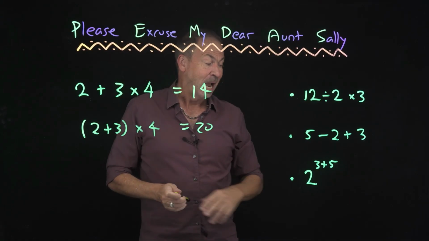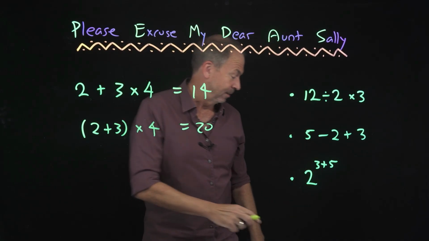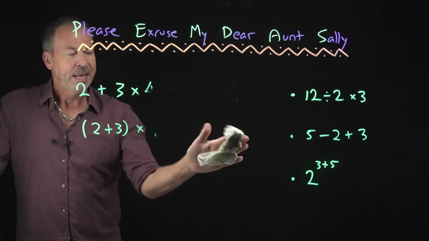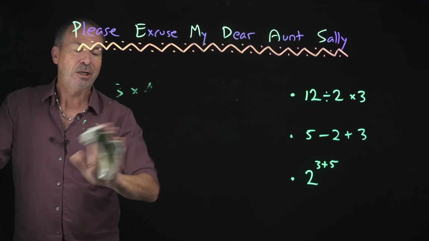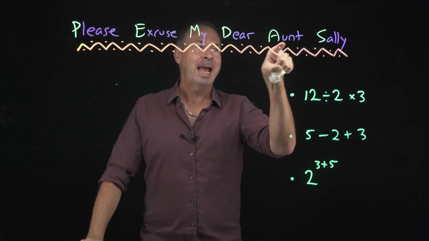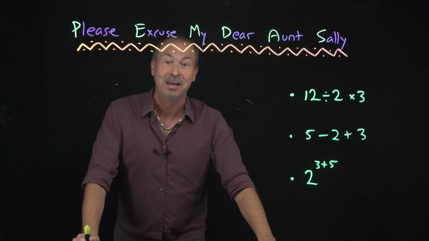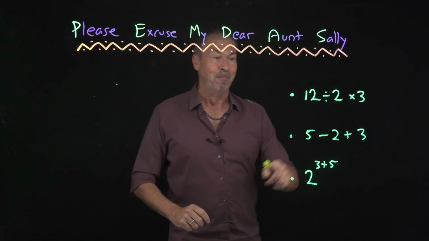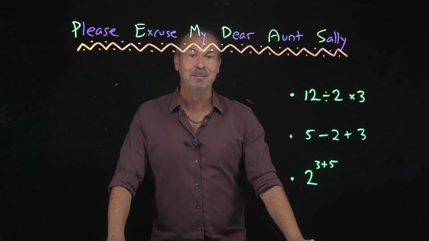But there is a delightful possible misconception that could be generated from this. Excuse me, just need my paper here to erase some stuff. For example, if I take PEMDAS literally, like I literally see PEMDAS in that order, and I follow it literally in that order, I might get some unexpected results. For example, look at this, 12 divided by 2 times 3.